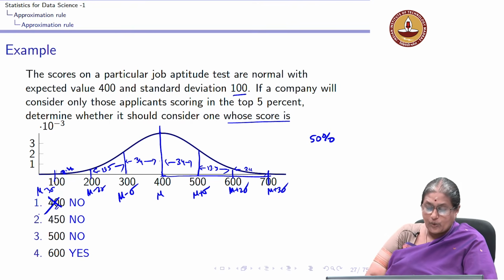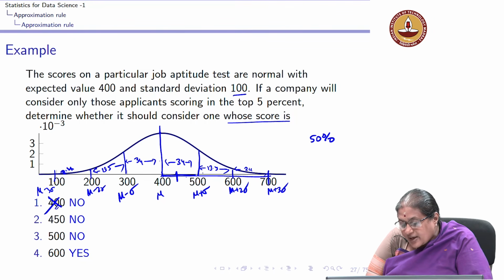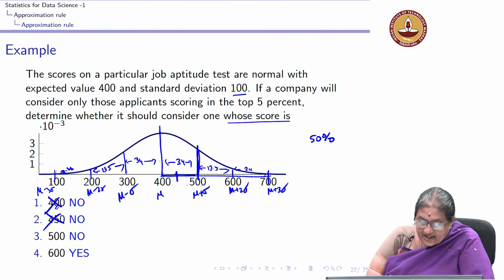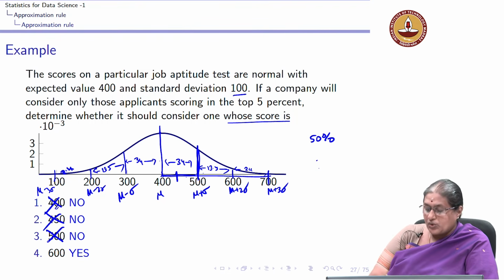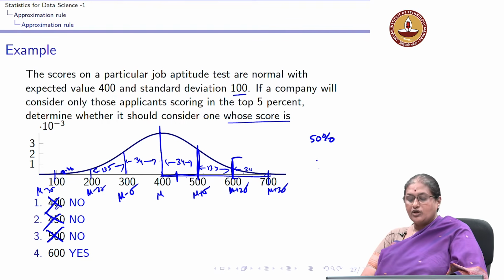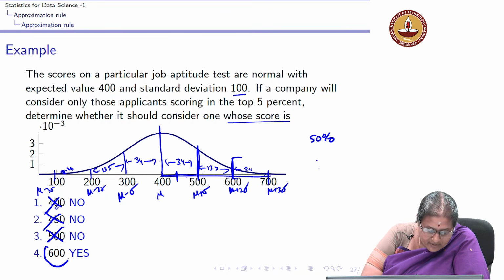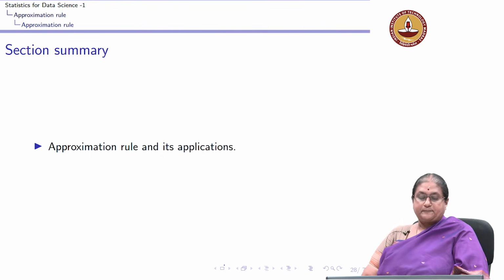So, this is a no. Similarly, 450 is also going to be no. Greater than 500 is going to be 13.5 plus 2.4, about 15%. Again this is no, whereas greater than 600 is a very small fraction, about 2.4%. So, the company would consider applicants scoring in the top 5% to be those whose score is greater than 600 marks.